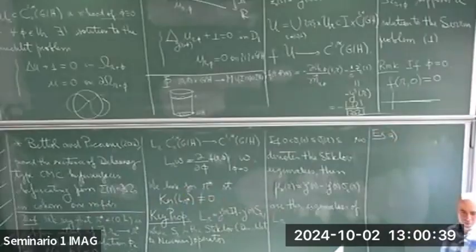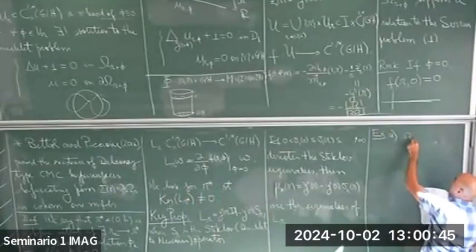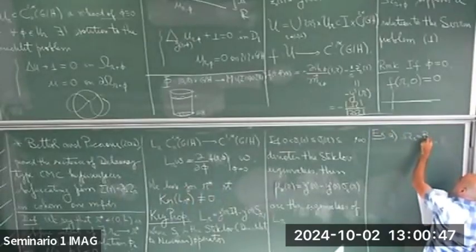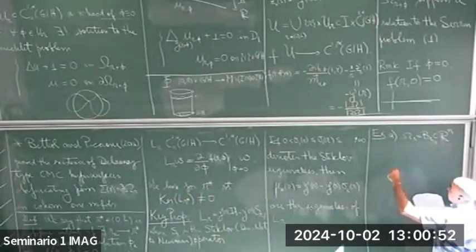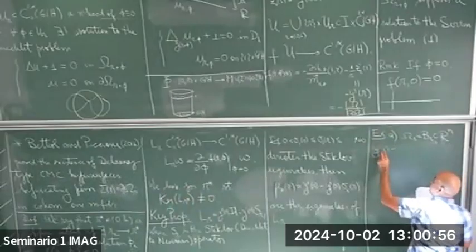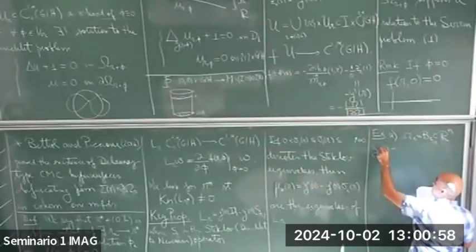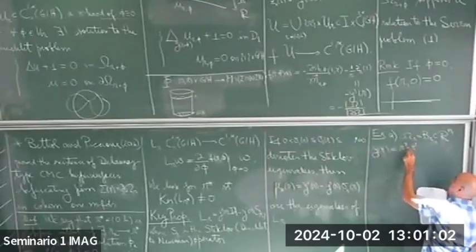Let me make an example. Remember what happens in Euclidean space. Omega is the ball of radius R. So we recall this solution, the symmetric solution.